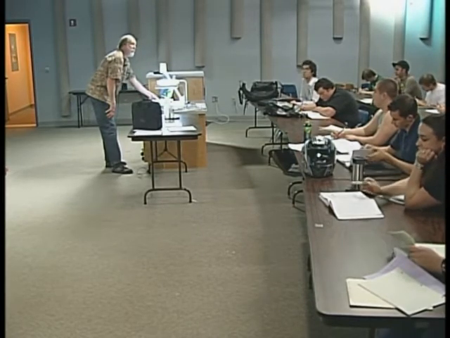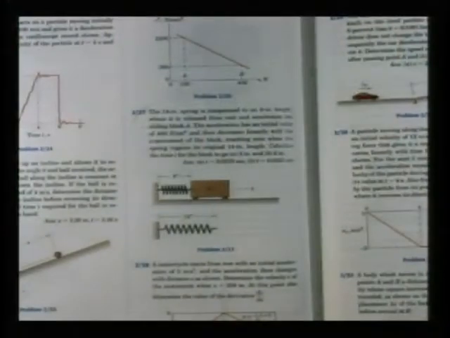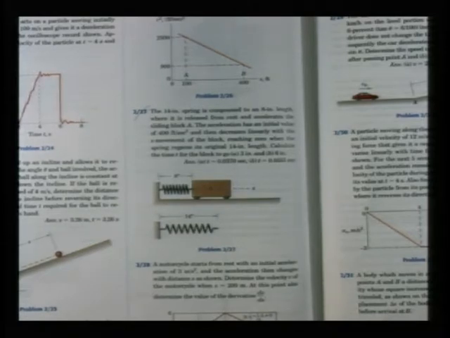It's a 14-inch spring that's compressed to an 8-inch length, so it's got 6 inches of compression in it. Then it's released from rest and it accelerates the sliding block. They tell us the initial acceleration is 400 feet per second squared, and then that acceleration decreases linearly.